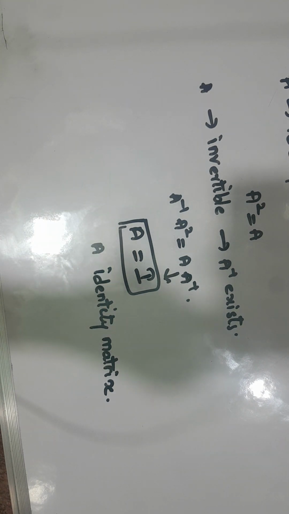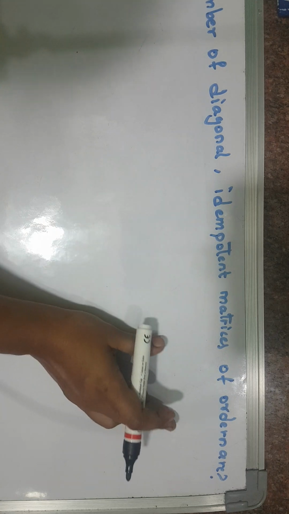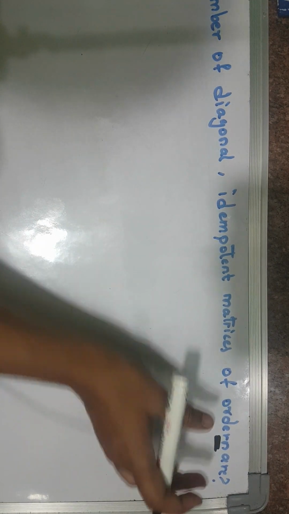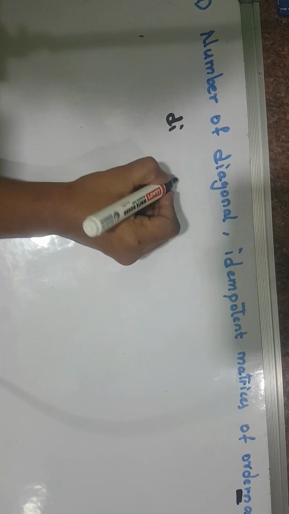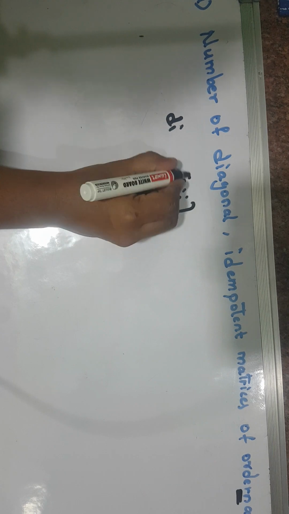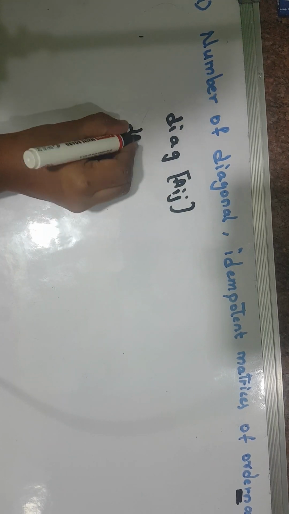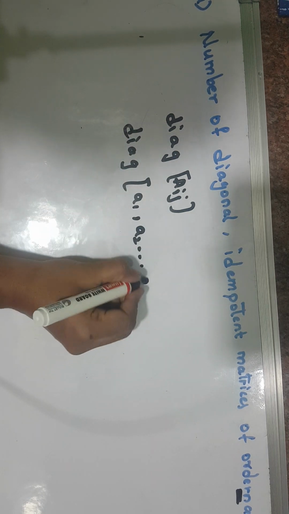Okay, comes to another question. The number of diagonal idempotent matrices of order n. Let A be the diagonal matrix. Let the diagonal elements be a1, a2 and so on, an.